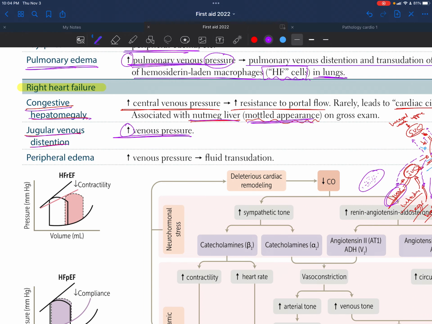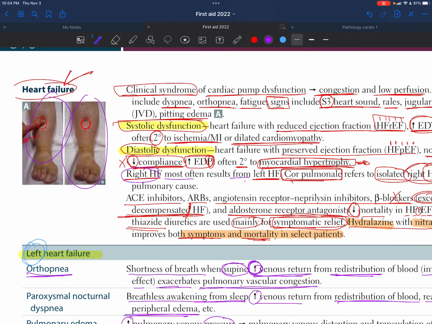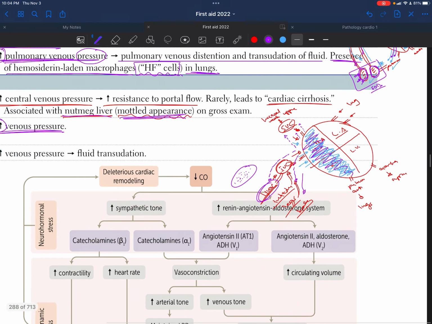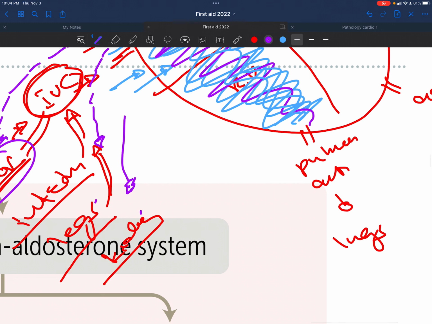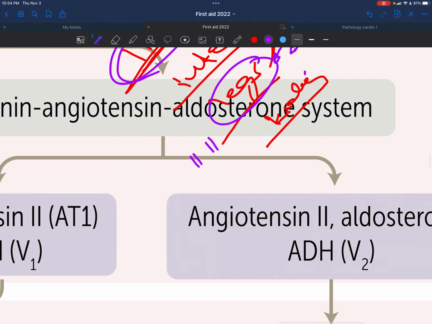Also, we may see the peripheral edema, like we have seen here. So this is peripheral edema. It's because, as I said here, the legs are attached to the inferior vena cava. So when the blood backs into the inferior vena cava, it stays within the vessels of the legs, and the vessels of the legs, of course, have hydrostatic pressure within them.